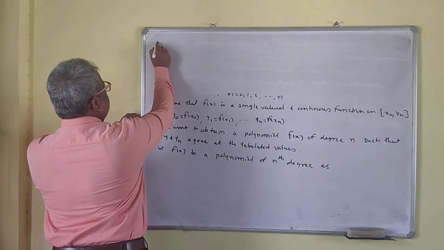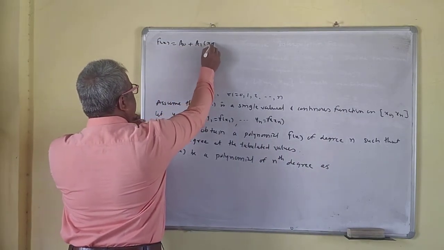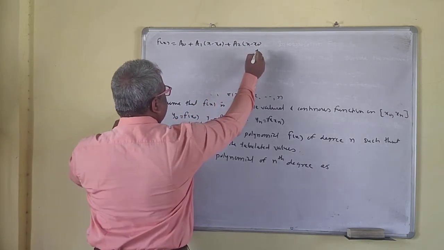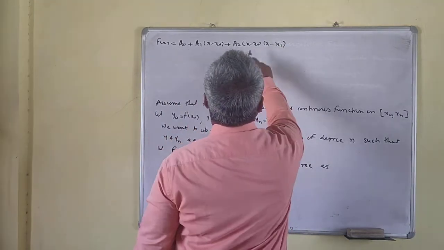So f of x equals a0 plus a1 times x minus x0, plus a2 times x minus x0 times x minus x1. These are two products.